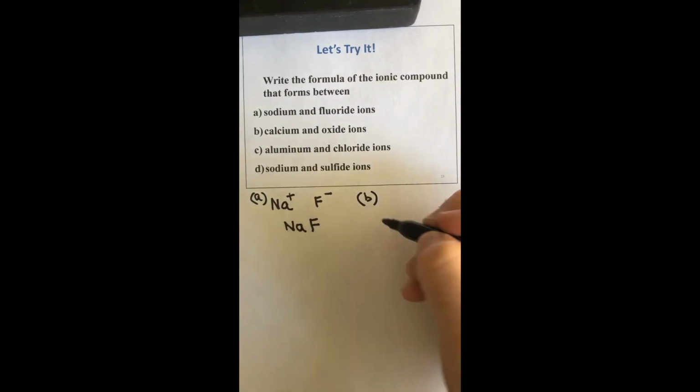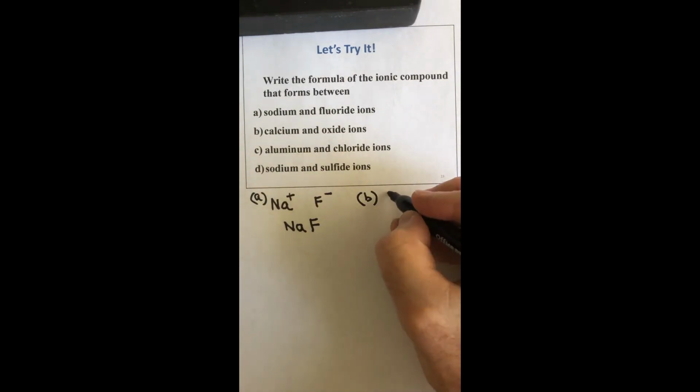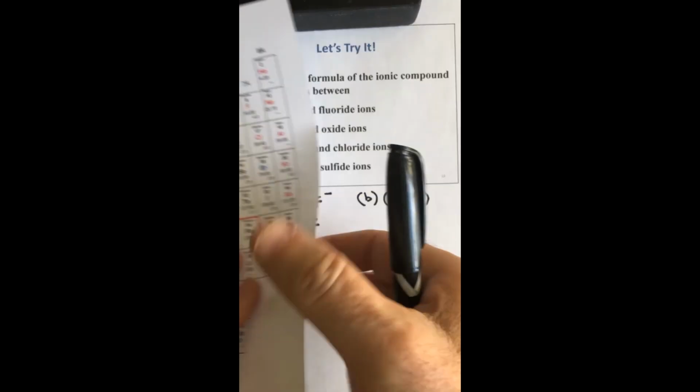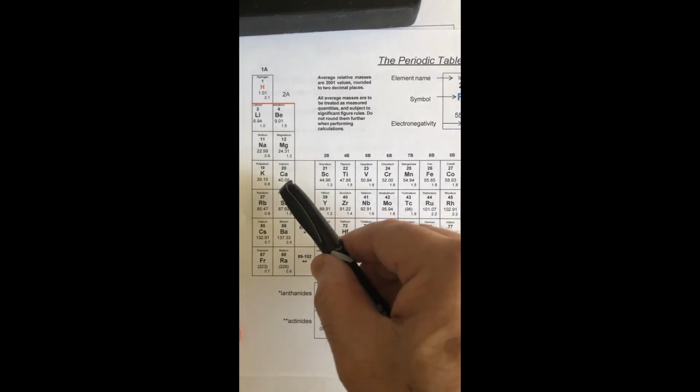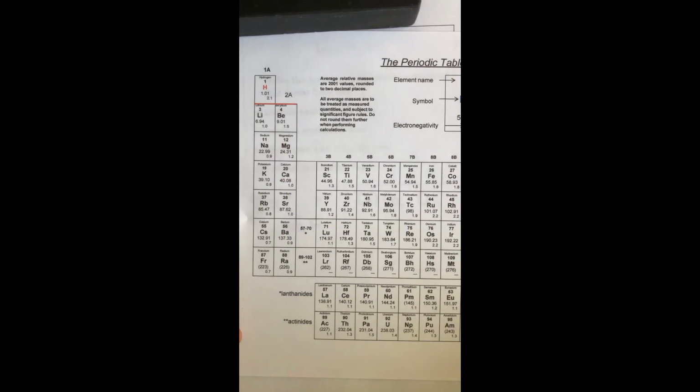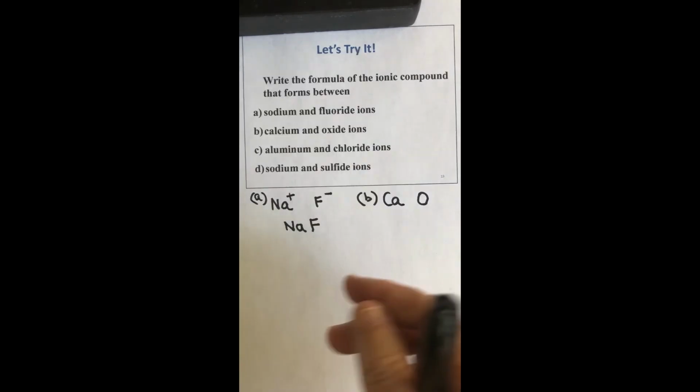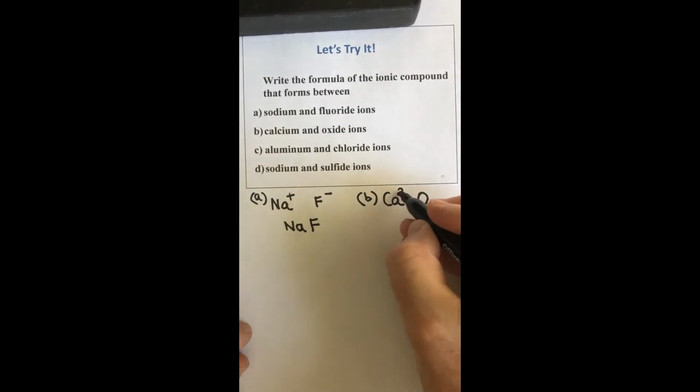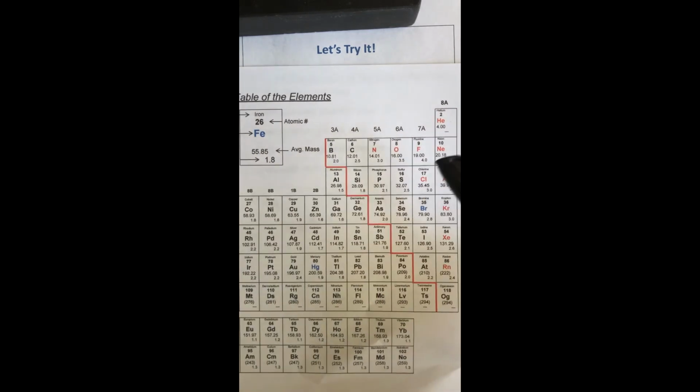Okay, let's go ahead and do number B. In this case, we have calcium, Ca, and we have oxide, which is the ion of oxygen. Again, you look at the periodic table. Calcium is a group 2A element, so it's going to form a 2+ ion, which we write as a superscript. And oxygen is over here in group 6A.